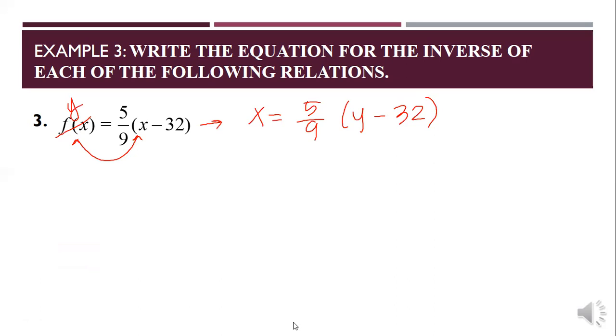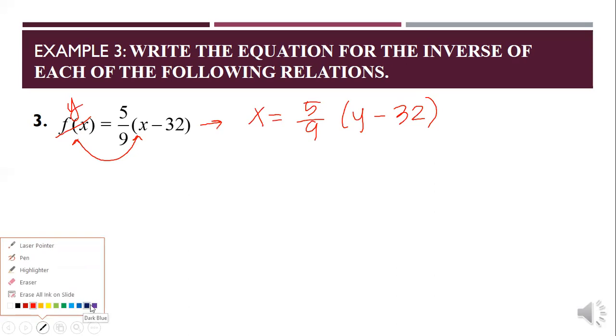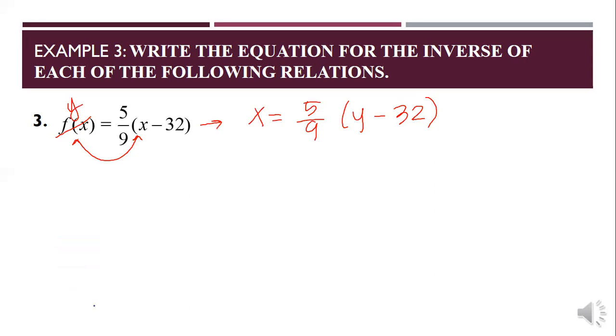We don't have to. We can get rid of the fraction first. But does anyone remember the inverse operations to get rid of a fraction? So to get rid of a fraction, the inverse operation is you multiply by its reciprocal.